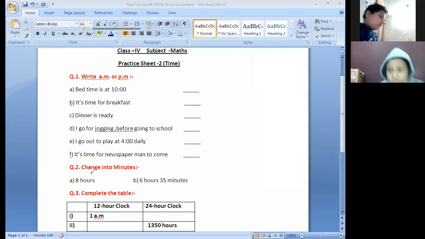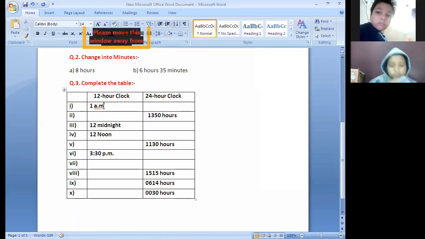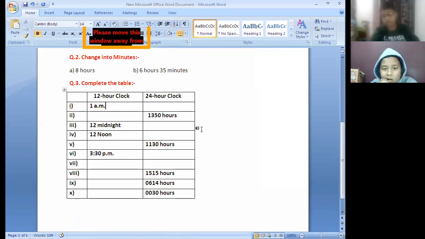So in the very first one, what is given? Ma'am, the 12-hour clock is given, that is 1 a.m. Okay. So now when we convert it into 24-hour clock, how are we going to convert?